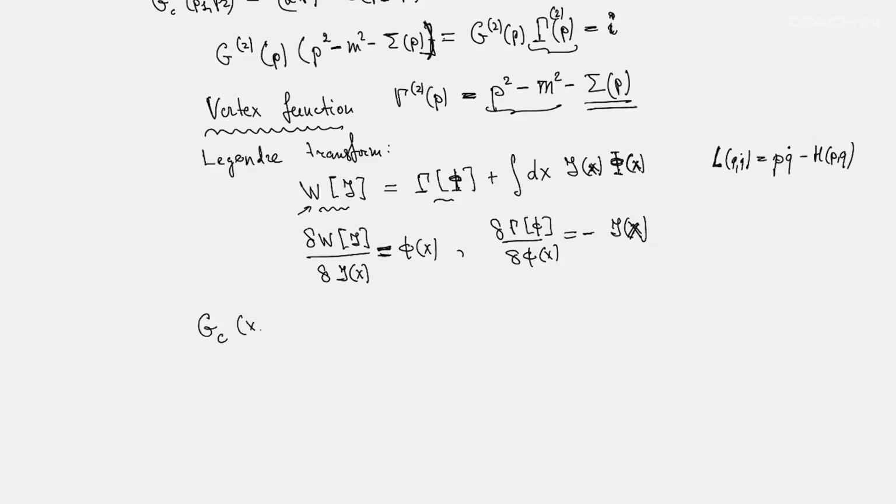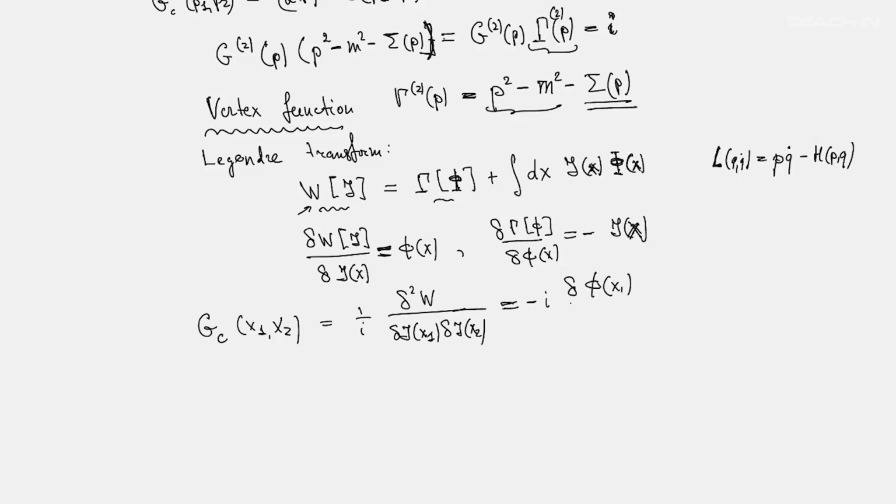We know that this is 1 over i times the second variational derivative of W with respect to the source J. Now, if you substitute the variational derivative delta W over delta J as phi, then we get from this formula that this is minus i delta phi of x1 divided by delta J of x2.